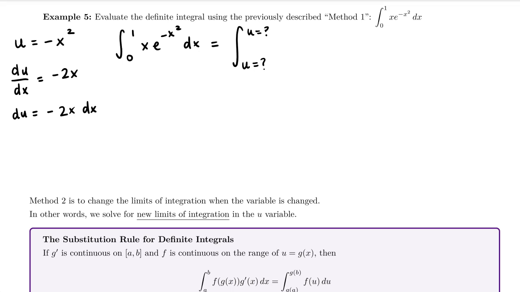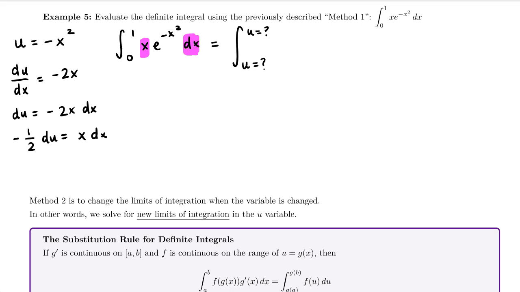So coming back here, I know that du is equal to negative 2 times x times dx, and that doesn't appear in my integrand, so I'm going to divide both sides by negative 2, and we get negative 1/2 du is equal to x times dx, and that is appearing in my original integrand.